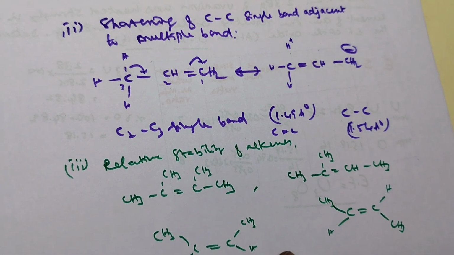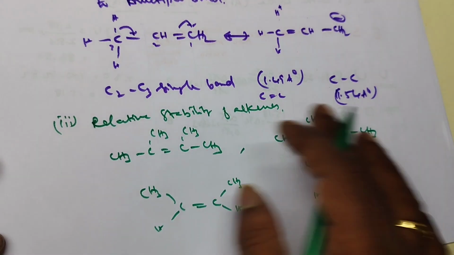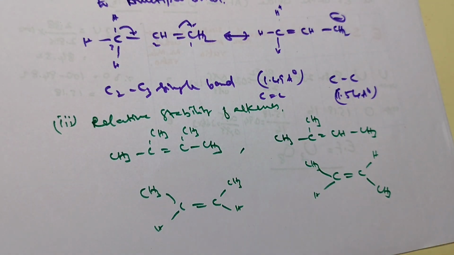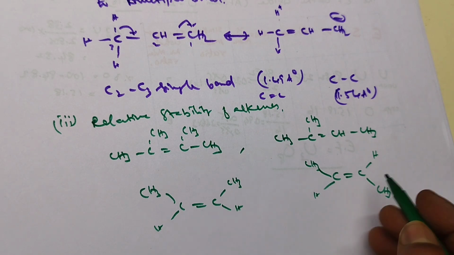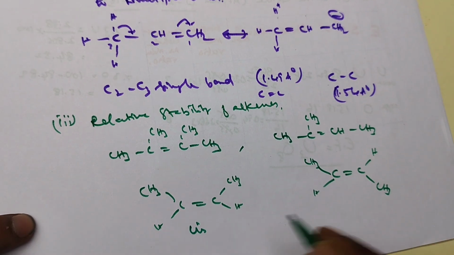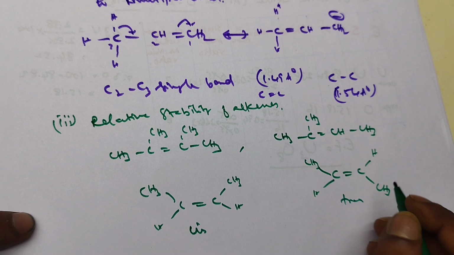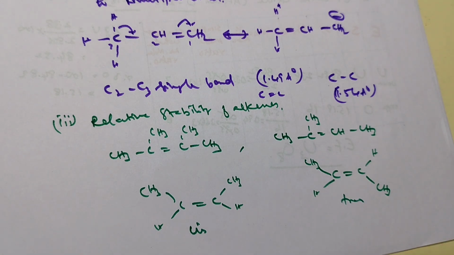If we compare all these alkenes, for example the cis and trans 2-butene, the trans 2-butene is more stable than the cis 2-butene. In the cis isomer, the electron clouds of the two methyl groups repel each other. So that is why the trans is more stable.